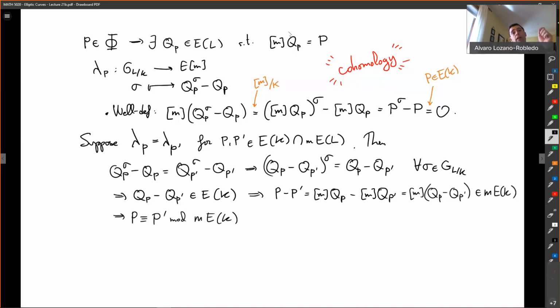So the upshot is that two points from the kernel, if they give you the same map lambda, then they have to be congruent modulo MEK.